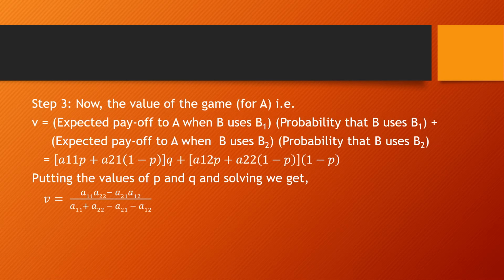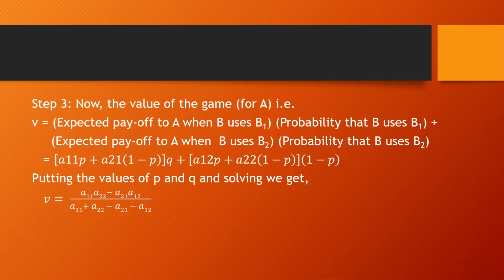So cross multiplication of the payoffs and subtraction of these two values, divided by A11 plus A22 minus A21 minus A12. Now this denominator remains the same throughout, whether we are finding out the value of P, Q or V. So what you can do is find out the value of this denominator.